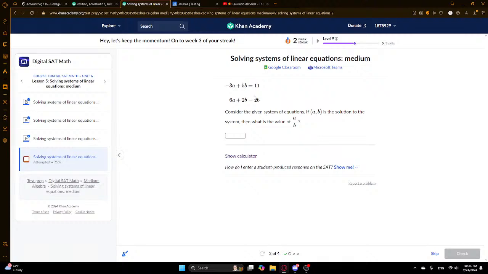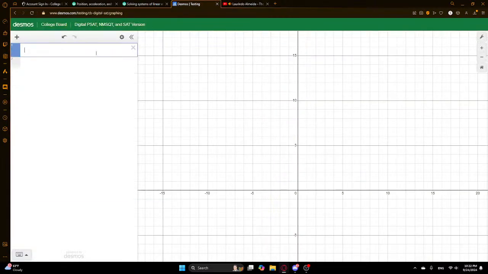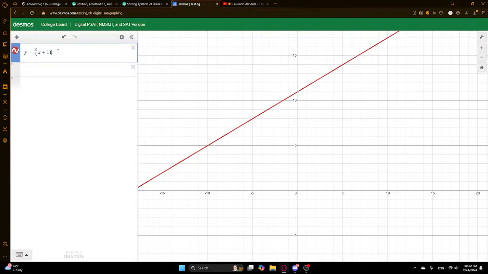2b equals negative 6a plus 26. Y equals 5x plus 11 over 5.